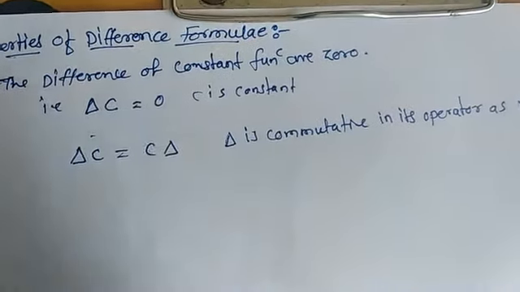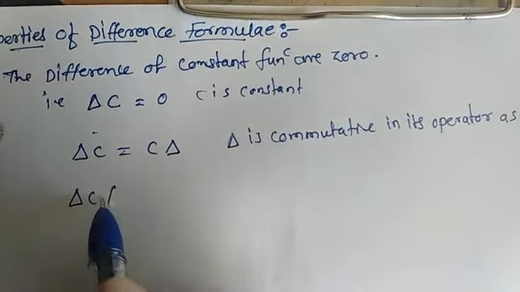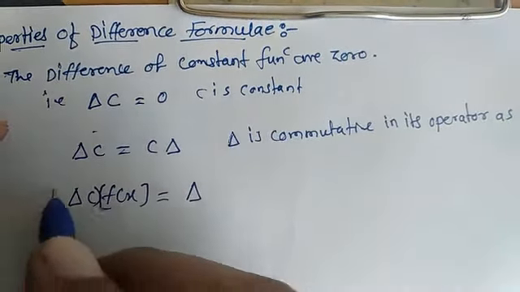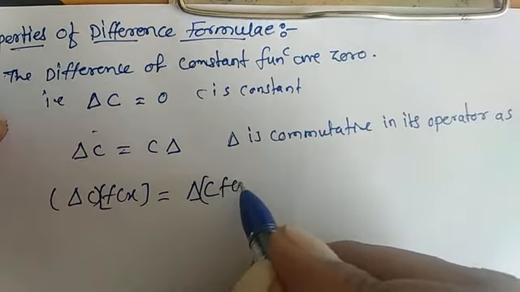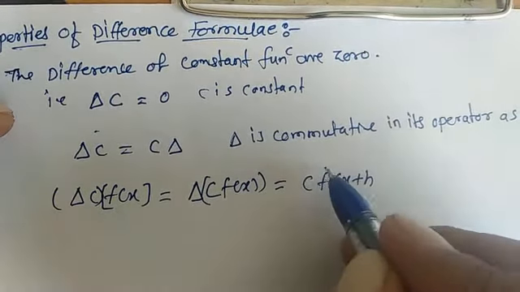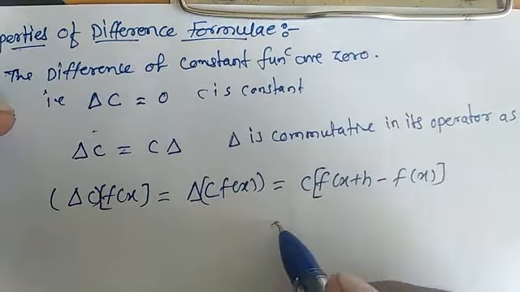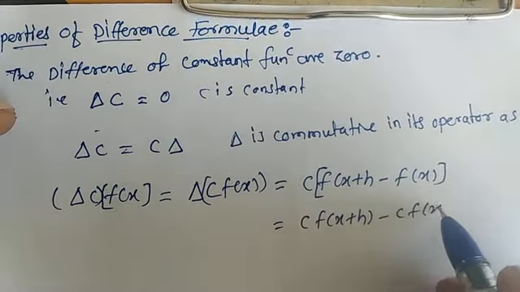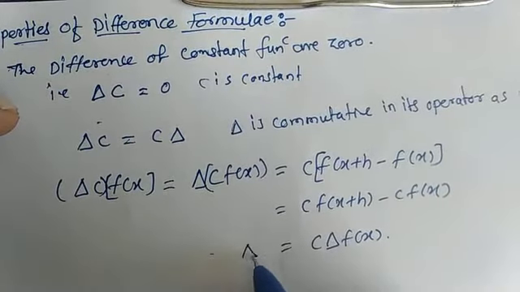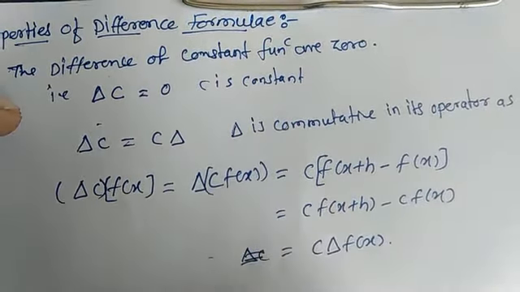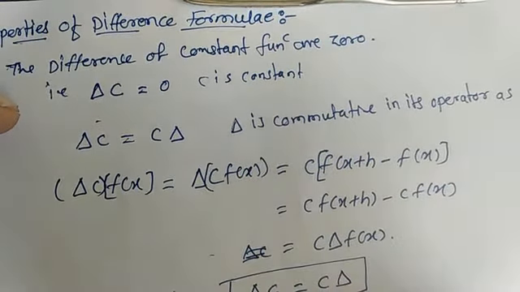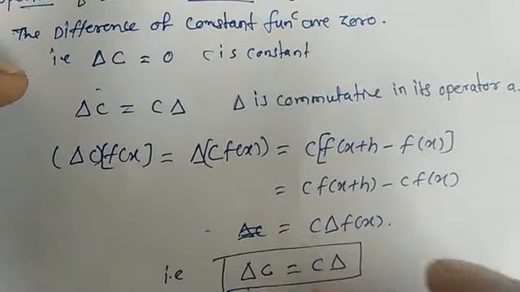For the proof of this, consider Δ[c f(x)], which can be written as c f(x + h) − c f(x), which is equal to c Δf(x). So Δc = cΔ. Okay, if you apply the constant inside the operator or outside the operator, it is the same.